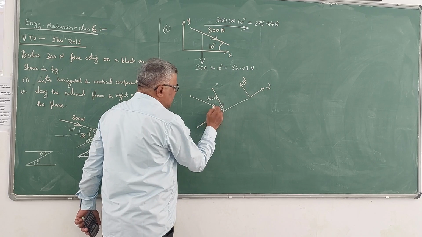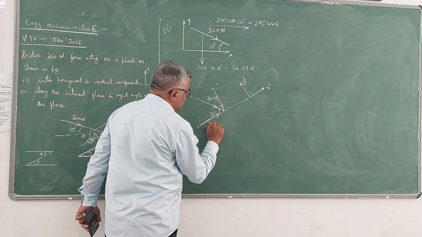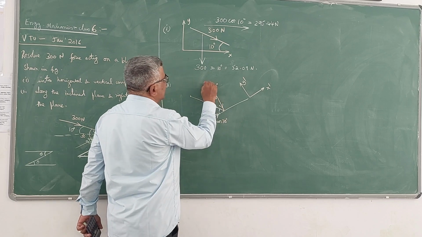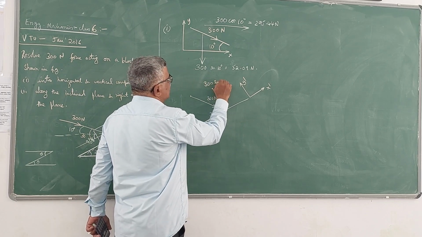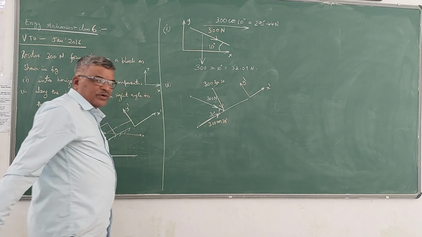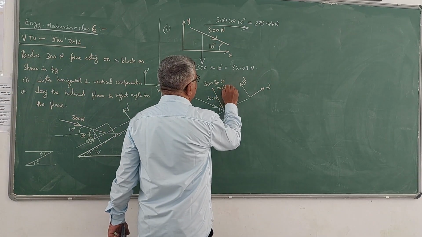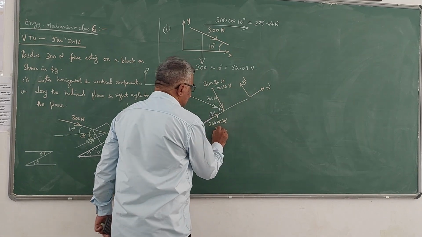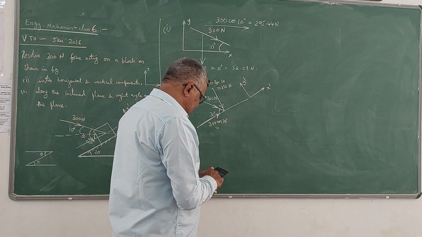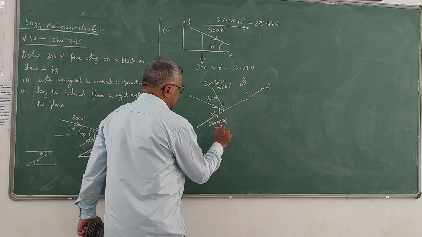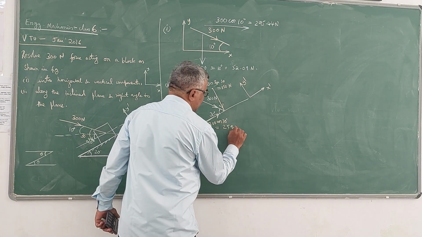Therefore, since this becomes the adjacent angle, this is 300 cos 30 degrees and this becomes 300 sin 30 degrees. So this is the component. Okay, so now 300 sin 30 is 150 Newton. 300 cos 30 will be 259.8.